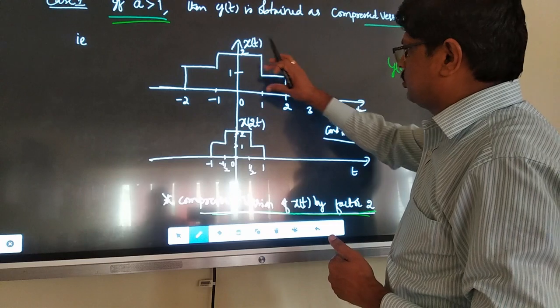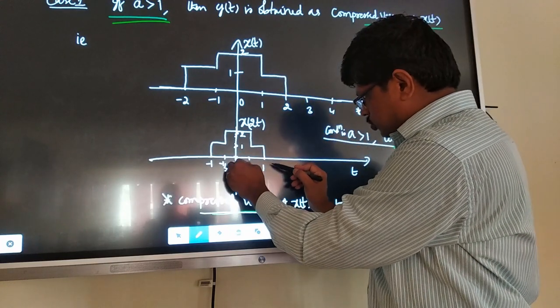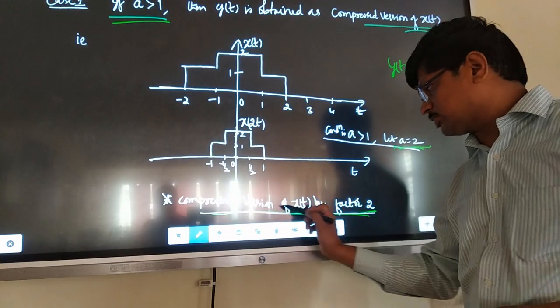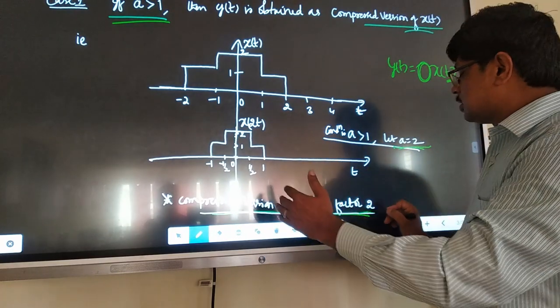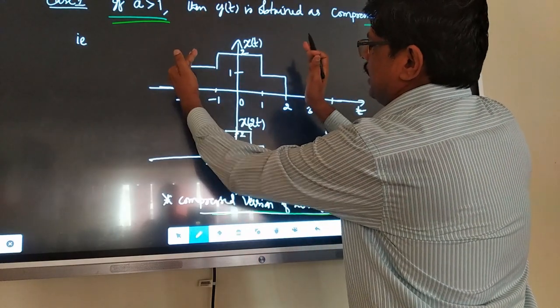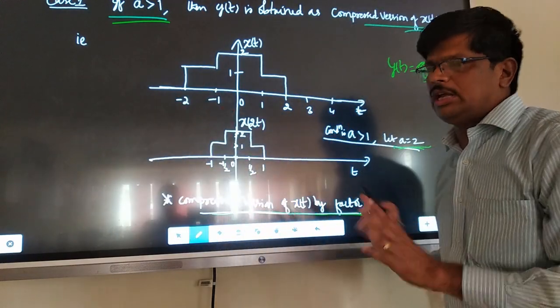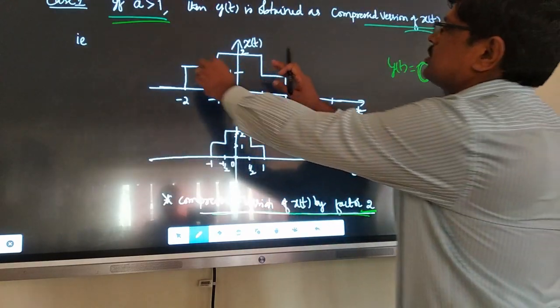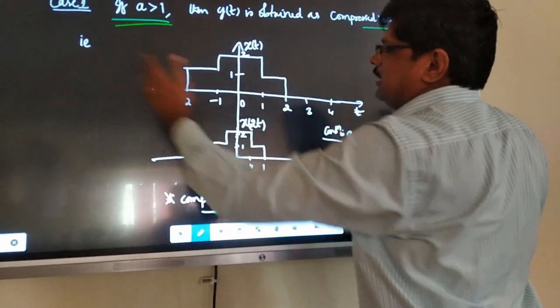Then 1 to 2 has amplitude 1; here half to 1 is exactly half, compressed by factor 2. That's what the compressed version of x of t by factor 2 means. Don't get confused. This is a signal compressed by factor 2.